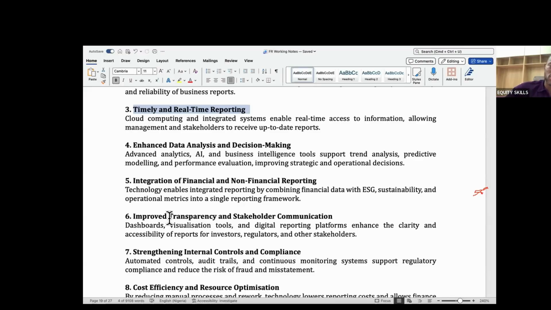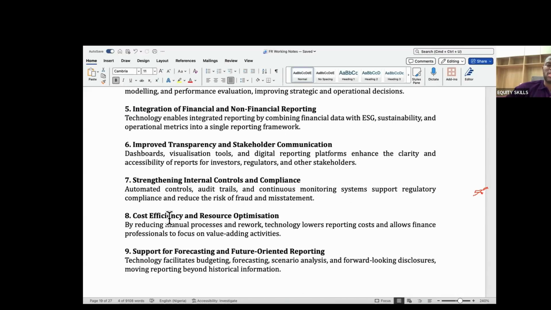So communication becomes improved and it strengthens internal control because you can't keep anything anymore. Anybody can check. Everybody's logging in. It's not manual that you'll be writing and changing some things, or you'll be keeping some documents that you don't want people to see. It's not possible with digitalization.